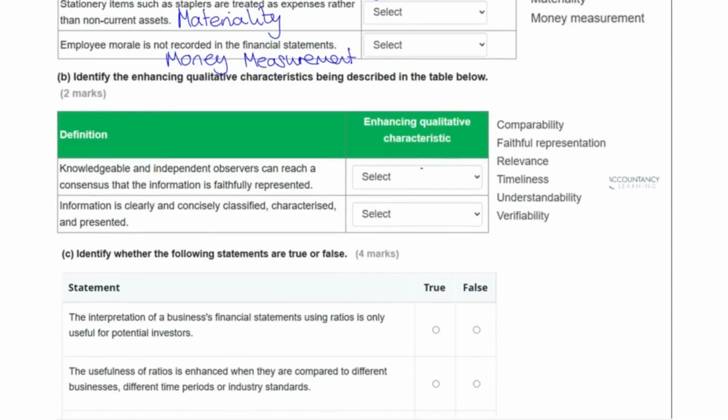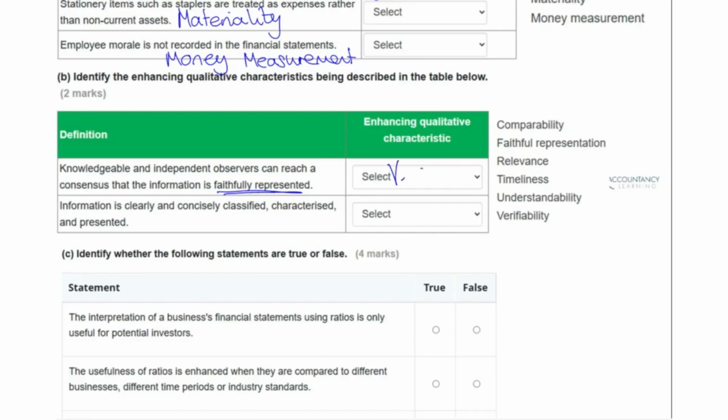Now we need to identify the enhancing qualitative characteristics being described in the table below. Knowledgeable and independent observers can reach a consensus that the information is faithfully represented. So be careful not to jump and just use this to select your answer. But what we're saying is, can knowledgeable and independent observers actually agree that they are faithfully represented?